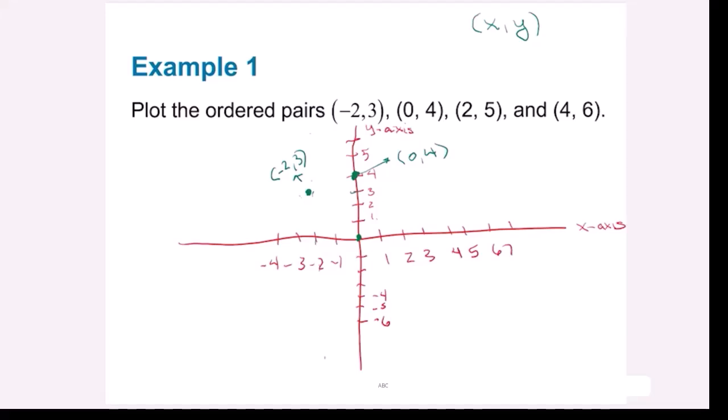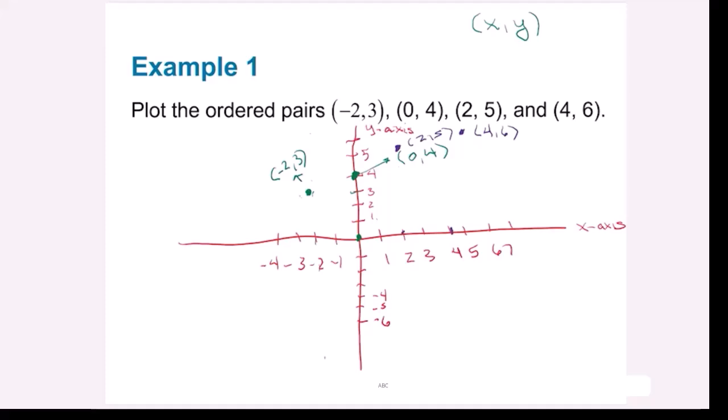I go over to the right 2, and then I go up to 5. And that's my point 2, 5. And then lastly, we have 4, 6. We go to 4, which is right here. And then we go up to 6, which is right here. And that would be 4, 6.